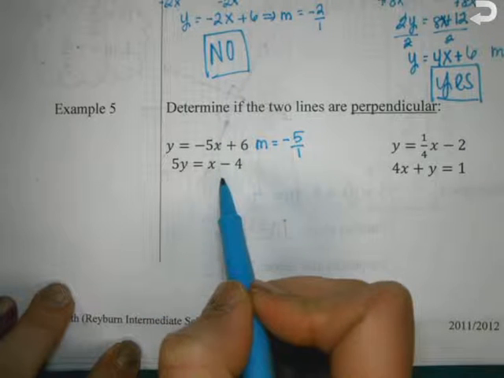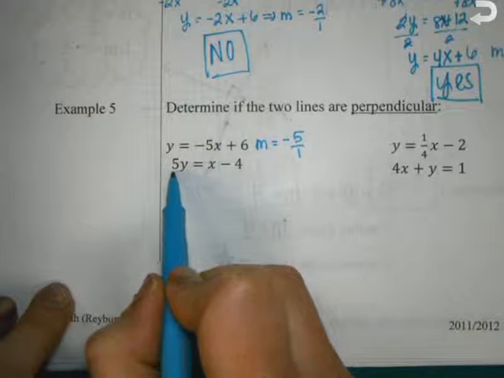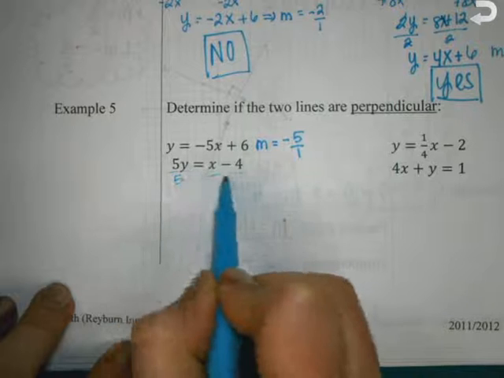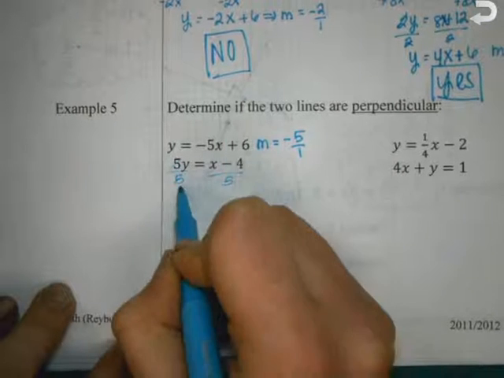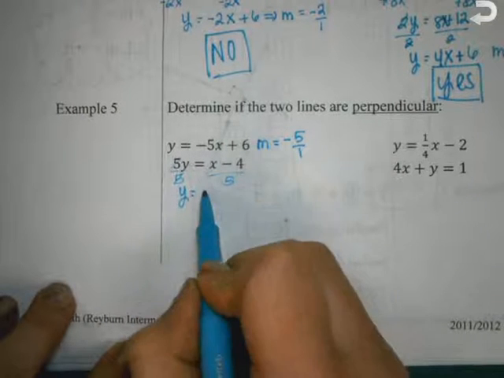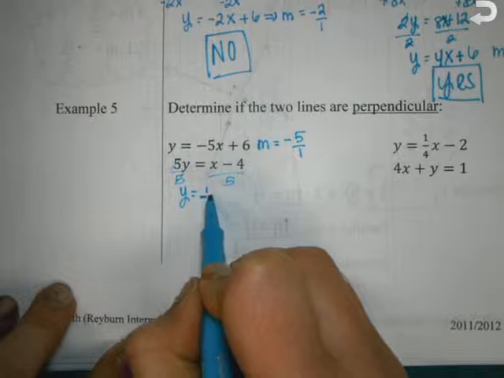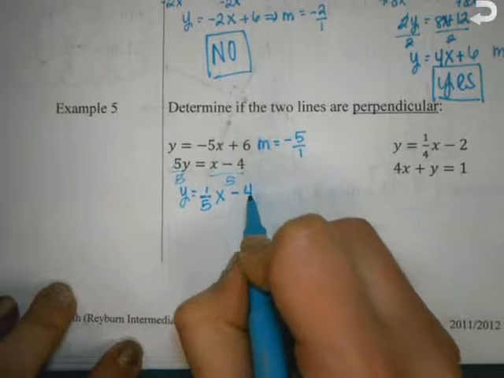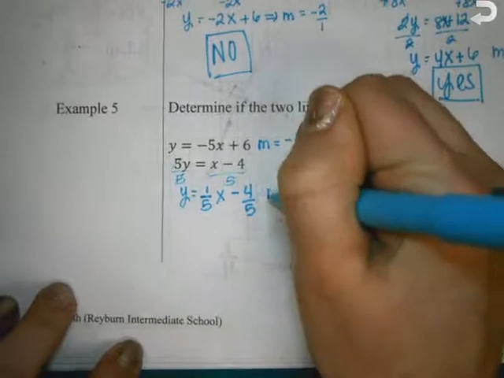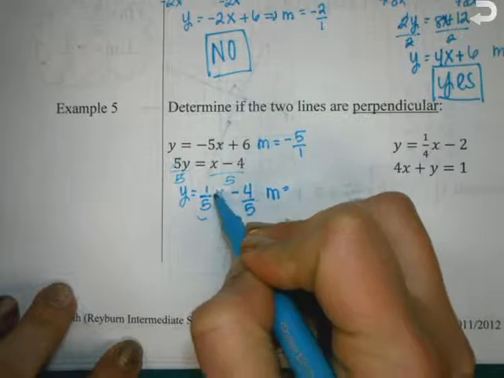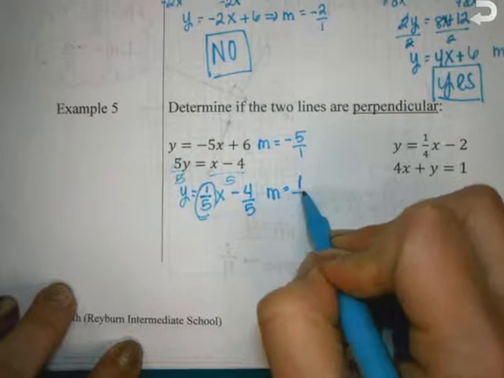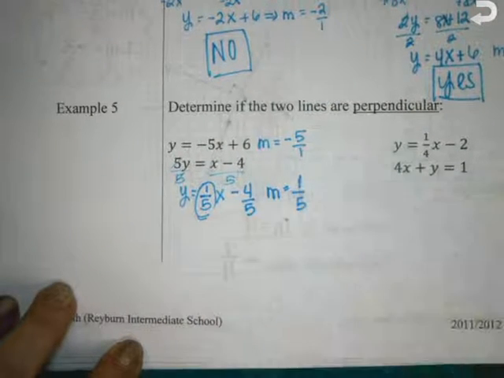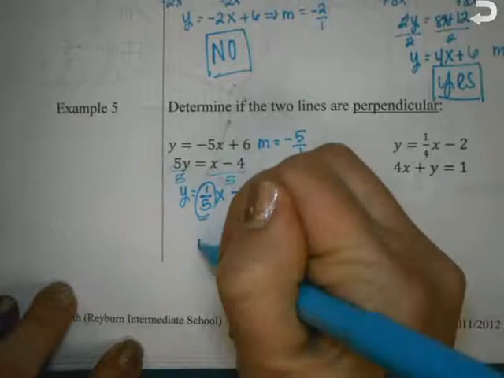So I get y equals x divided by 5, which is the same as positive 1/5 x, minus 4 over 5. So what's the slope of this one? Positive 1 over 5. So are these perpendicular? Yes. They are opposite and they are reciprocal. So the answer is yes. Okay?